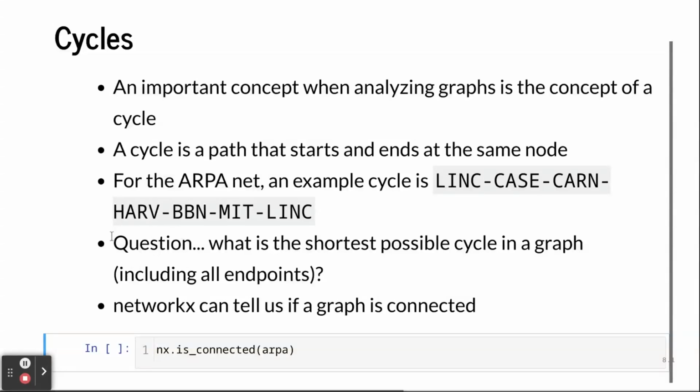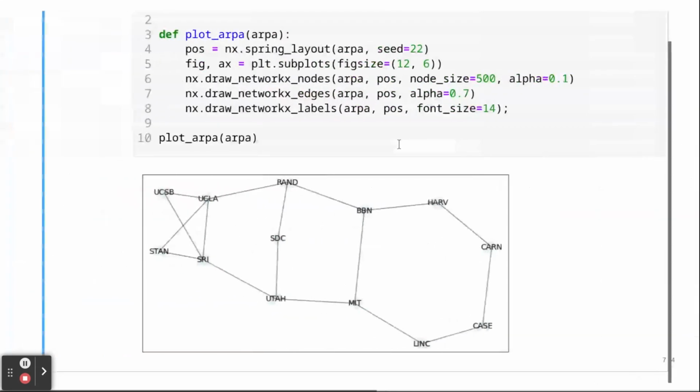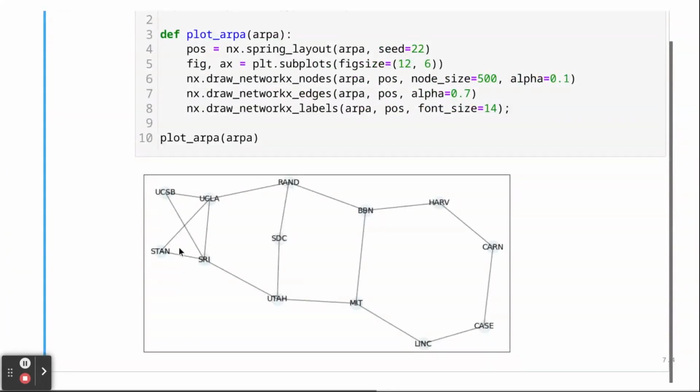So, one question we might want to ask is what's the shortest possible cycle in a graph, including all the endpoints? If you were to think about this and maybe just stare at it for a few minutes, what would be the shortest possible length, or the least number of edges traversed, to complete a cycle? You could think about that for a minute.